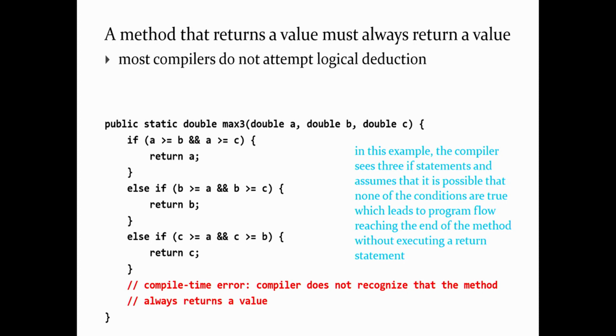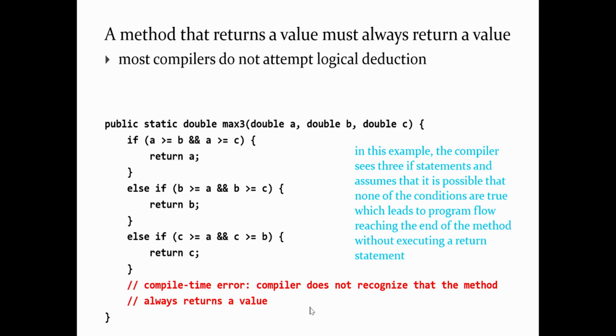So here we've got return A, return B, return C, and they're all part of the if statement. So in this example here, if you try to compile this piece of code in a Java compiler, the compiler will say, hey, you don't actually return a value inside this method. It's going to say missing return value.